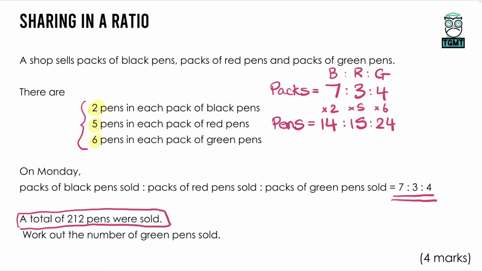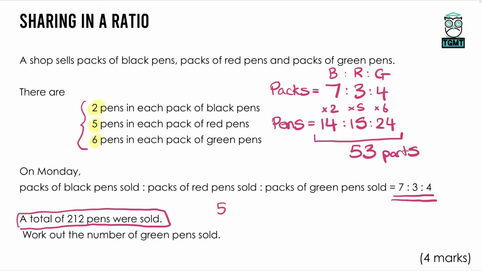So if we add together how many parts we have, 14, 15 and 24, take your time to work that out. So 14 plus 15 is 29, add the 20 is 49, add the 4 is 53. There are 53 parts in this ratio. And that means we have to do 212 divided by 53, but of course we're not using a calculator here, so it's got to be a relatively nice number, and we'd assume it's also going to be a whole number.